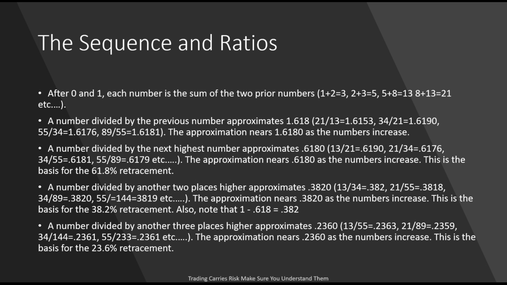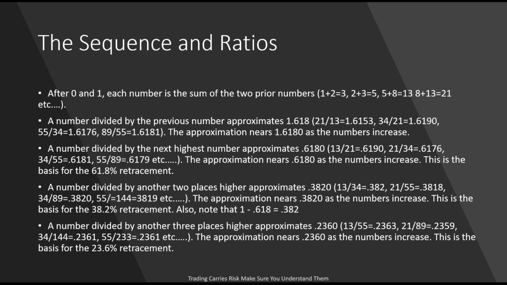Now, if we were to take a number and divide it by the previous number. So when we get up to 8 plus 13, we get 21. If we take that 21 and divide it by the previous number 13, it gives us 1.61. If we go up to the next one, 34 divided by 21, it would give us 1.61.